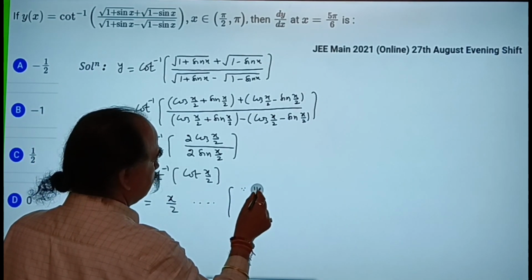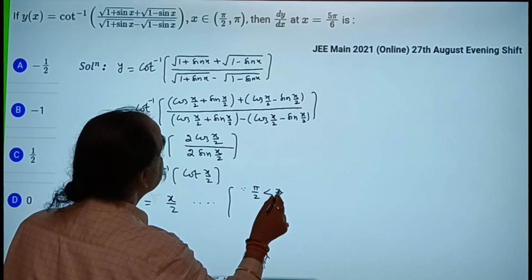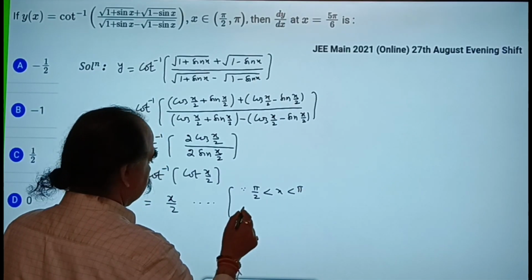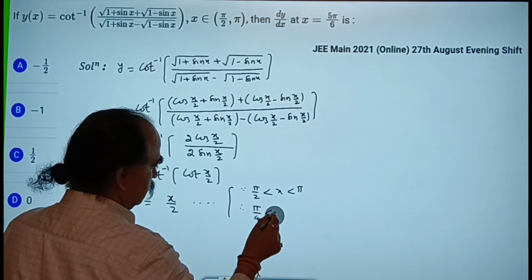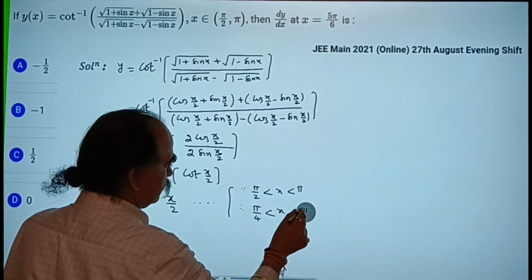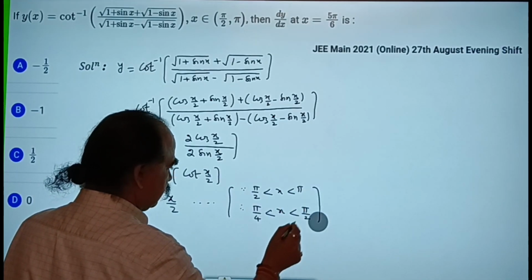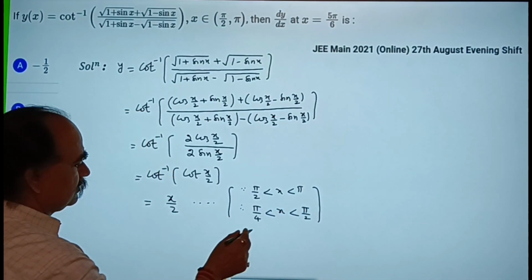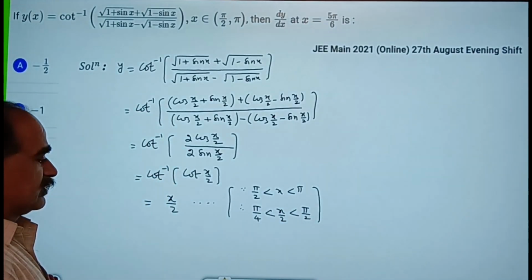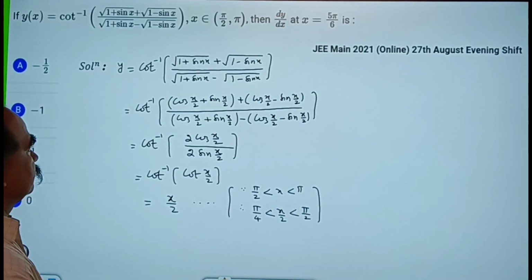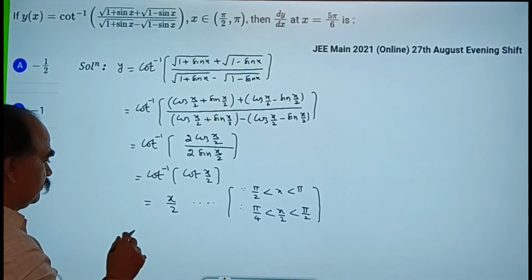Since pi by 2 less than x less than pi, therefore pi by 4 less than x by 2 less than pi by 2. So x by 2 lies between 45 and 90 degrees. So it is the quadrant in which cot inverse holds.